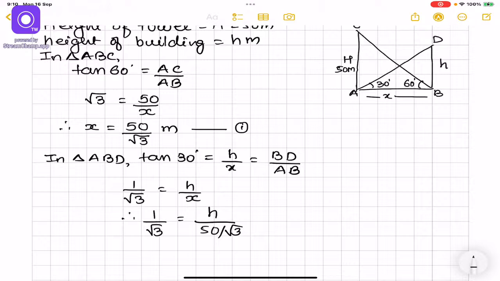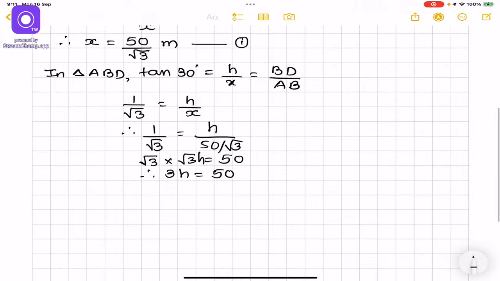So this will make me root 3 into root 3 equal to 50. So therefore I can say 3h equal to 50. So therefore h equal to 50 by 3. So that will come as 16.7 meter.